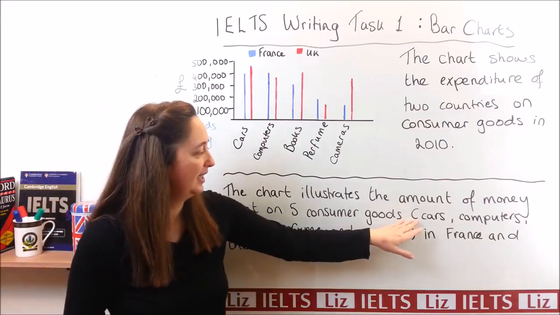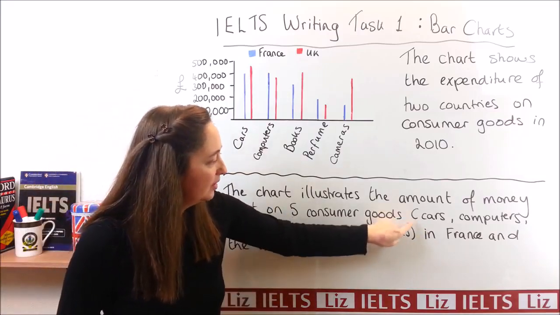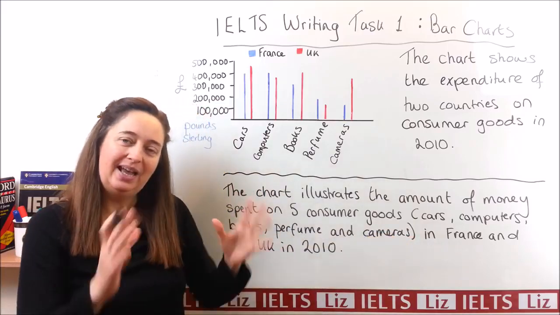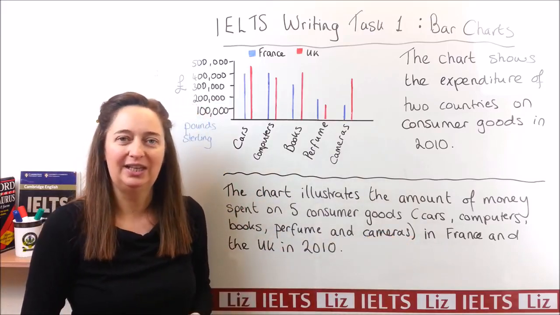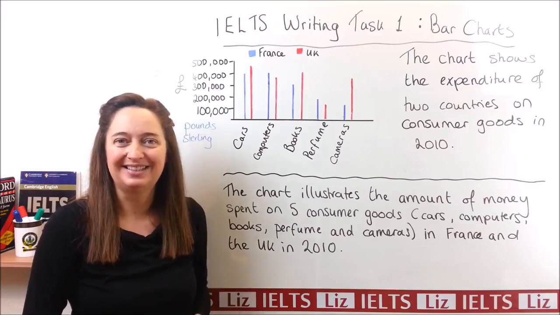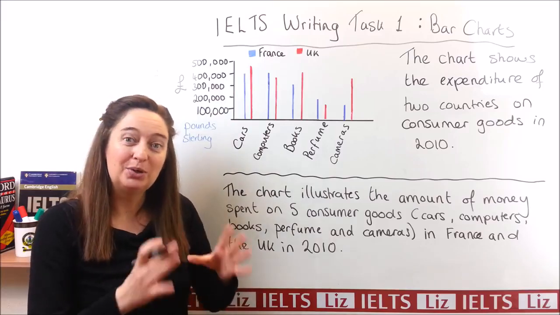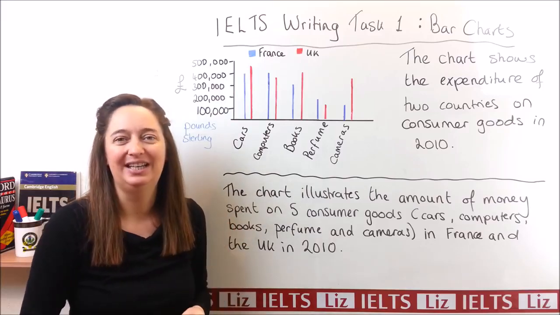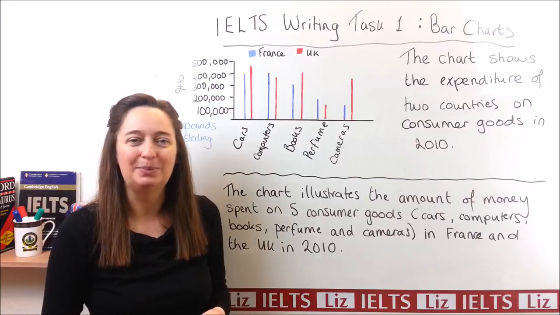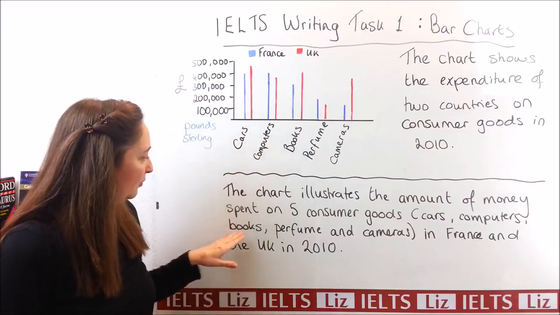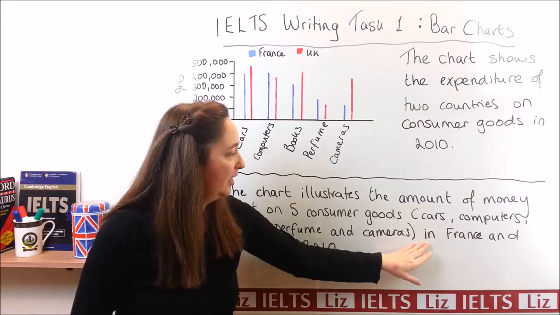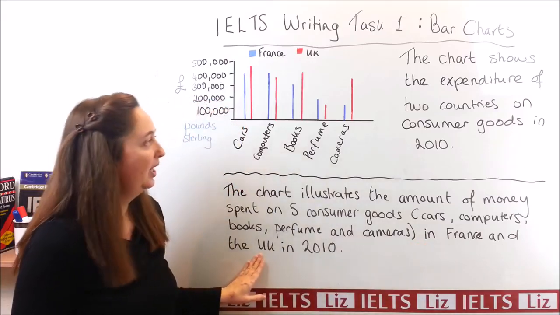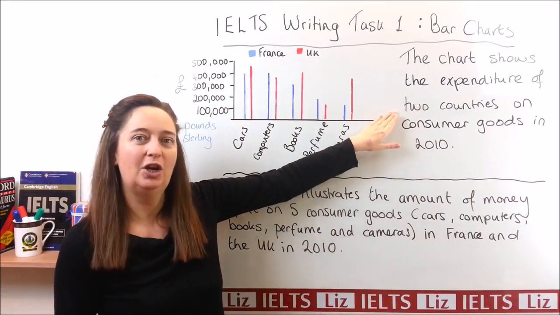But here I've given the list and I have used brackets. And brackets are very useful in academic writing task 1 so that you can put data or information in them. Perfectly normal to use. So we've got the list and then I say in France and the UK. They say in 2 countries.